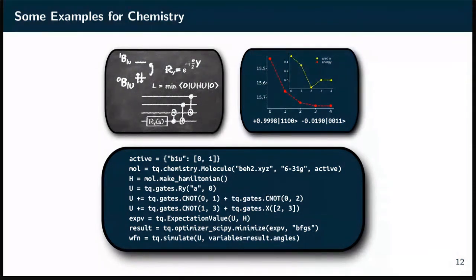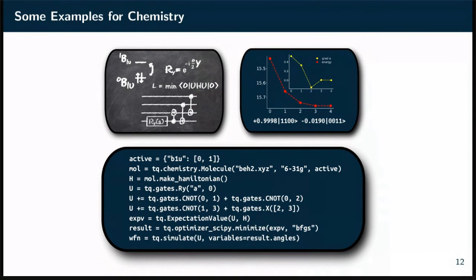This is again just a toy example. Say you take a two orbital system. For example, I think this was beryllium hydride again. It actually has 6 electrons and 7 spin orbitals. But if you want to just play around with two of those orbitals, you say you want to take the B1U orbitals.